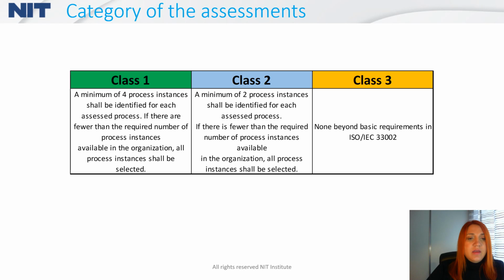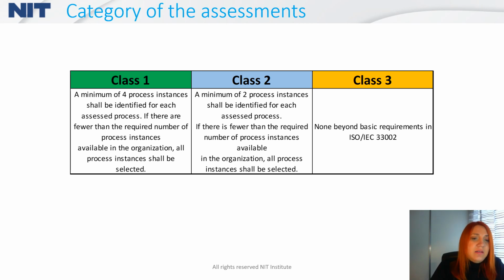If we zoom in to the classes and where they are used, we can say that if there are fewer than the required number of process instances for any of the classes, the instances which exist in the organization can be selected.